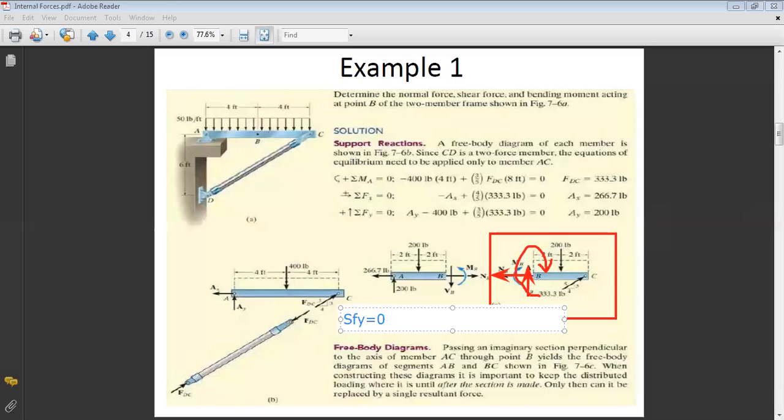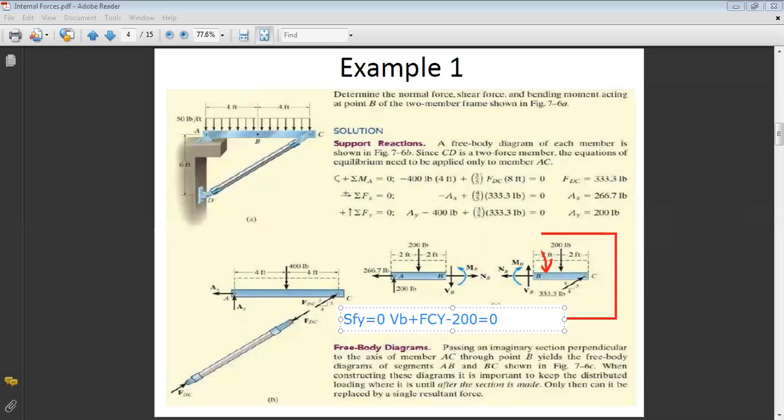Here I have plus VB, plus the component of FC along y, so plus FCY, and minus 200 equals 0. If you try it, you will get the same VB as before.